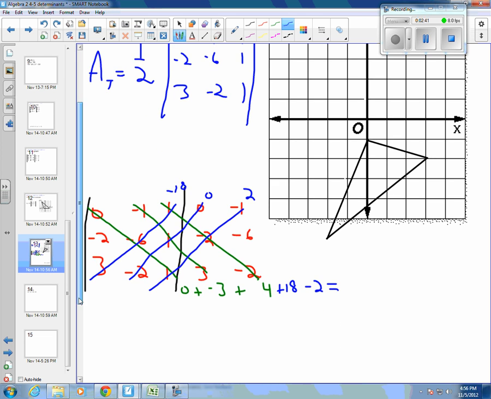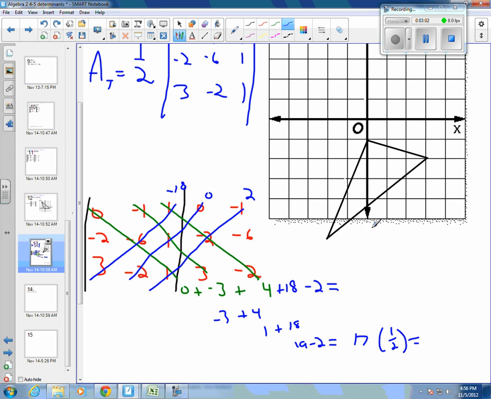Bring that down here a little bit. So 0 plus -3 is going to be -3, plus 4 is 1, plus 18 is 19, minus 2 is 17. And the formula says take that determinant and multiply by 1/2. So 1/2 of 17.